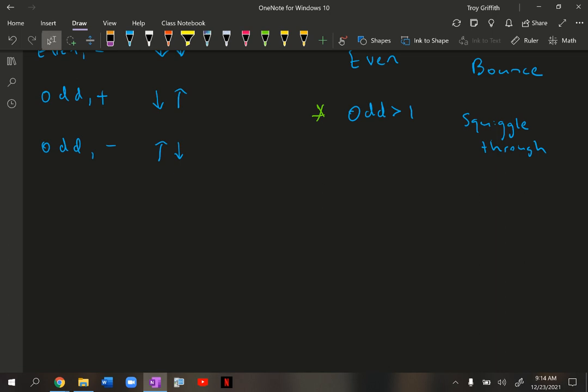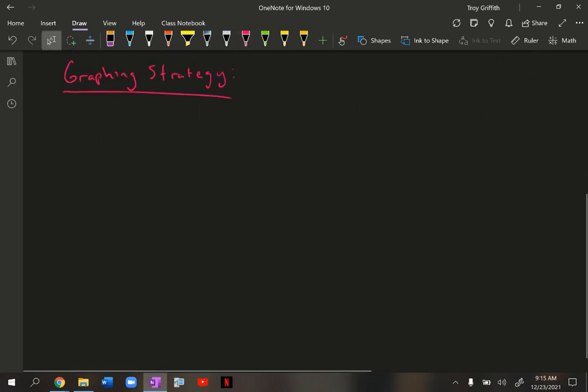We're going to look at a few examples here, and then you guys will have some practice. So first of all, let's talk about some graphing strategy. We did graph a couple, or I guess one, I think, in the last video. This is a pretty consistent graphing strategy that you can use across the board. So our first step is we are going to completely factor.